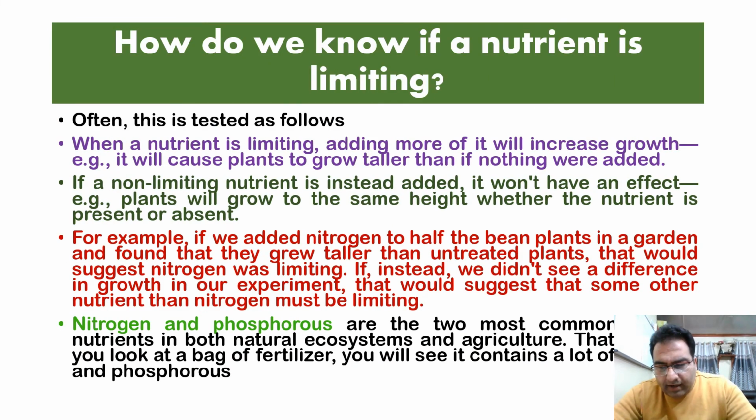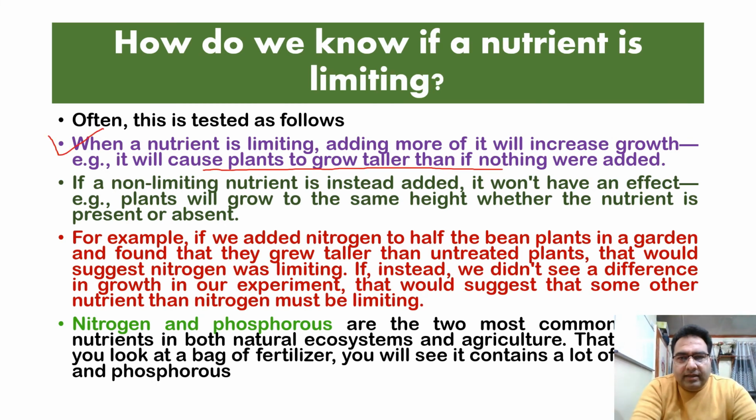Now, what is the mechanism, or what are the factors by which we can know that this is a limiting factor? When a nutrient is limiting, adding more of it will increase growth. For example, it will cause plants to grow taller than when nothing is added. If a non-limiting nutrient is added, it won't have an effect.